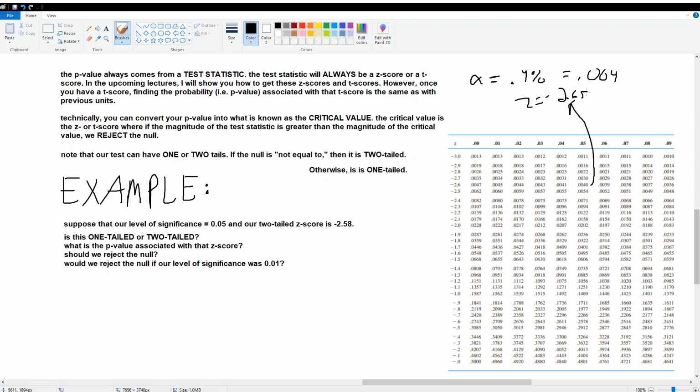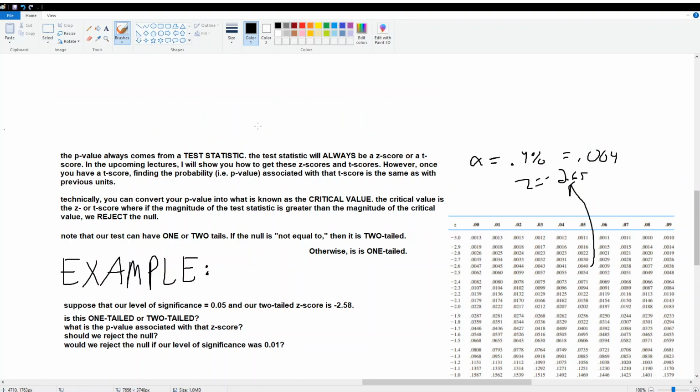Now, technically, our test can be one-tailed or two-tailed. You might ask, what does one-tailed or two-tailed even mean? Here's what it means. Let's suppose we're asking if it's equal to. Well, it could be not equal to. That might be over here, or that might be over here. In this case, it could be in either tail, so it is two-tailed.